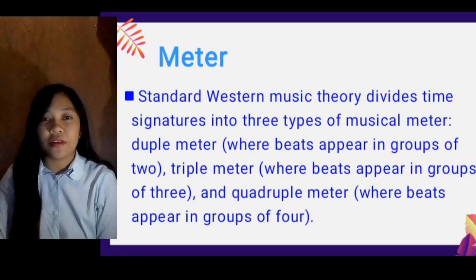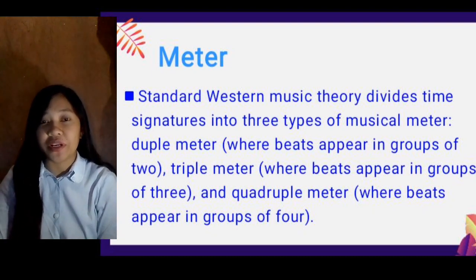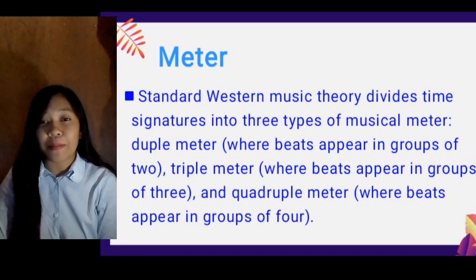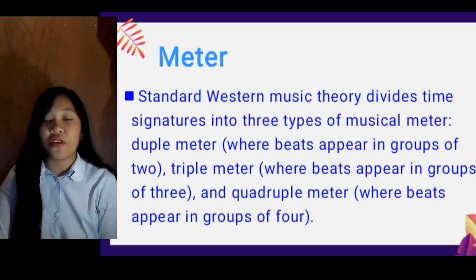The second element of rhythm is meter. Standard Western music theory divides time signatures into three types of musical meter: double meter, where beats appear in groups of two; triple meter, where beats appear in groups of three; and quadruple meter, where beats appear in groups of four. Meter is not tied to note values.